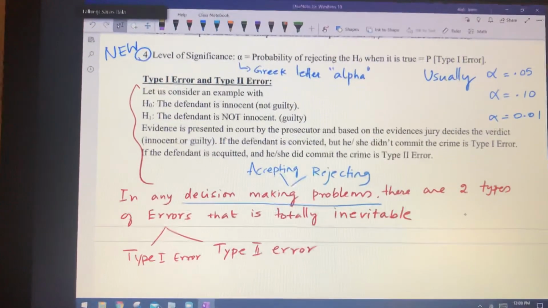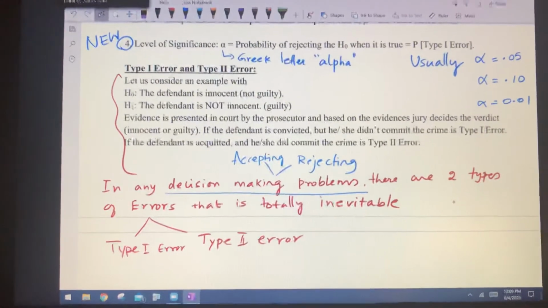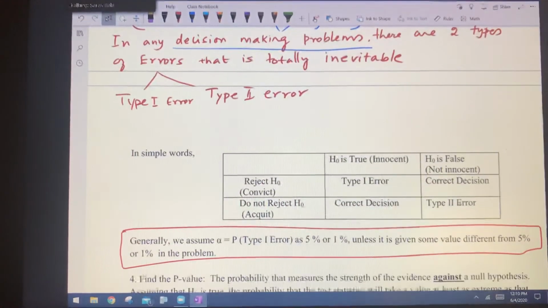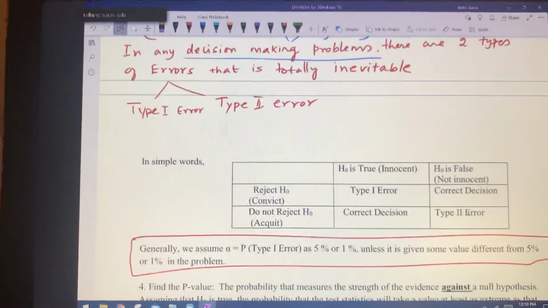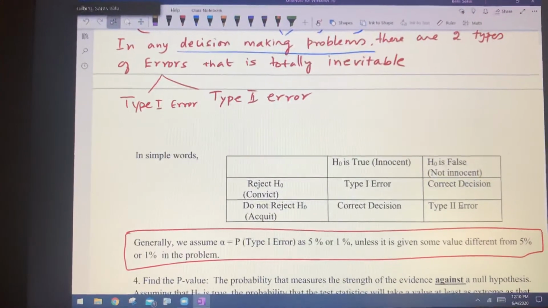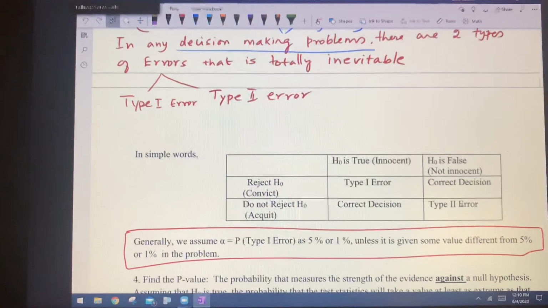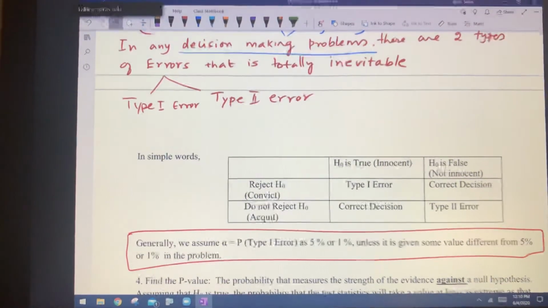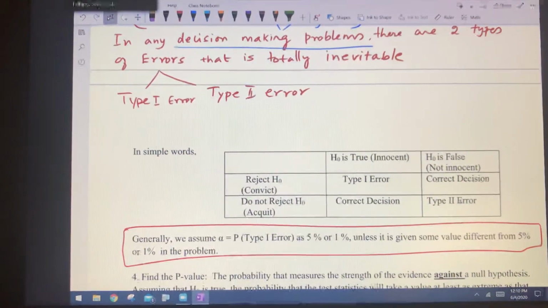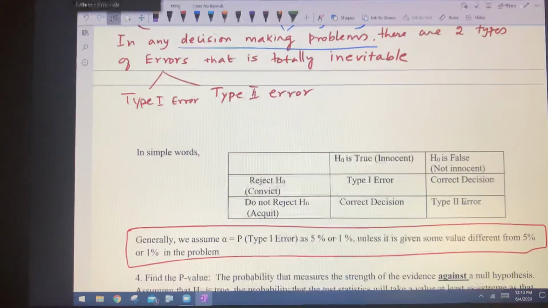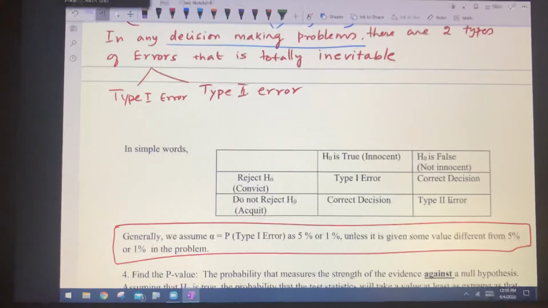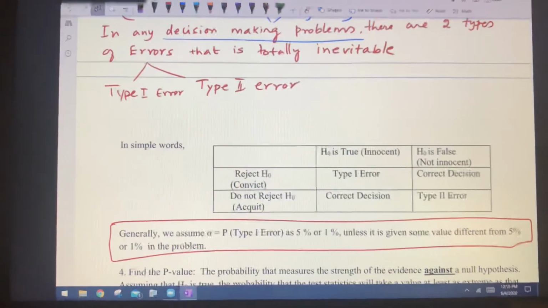Let me put that in a tiny table for our better understanding. What is the tiny table in terms of statistics language? I am going to put the two cases: the defendant is innocent, not innocent, and he is convicted. So he is innocent, he is convicted. That is the bad thing that we did, which is called the type 1 error.